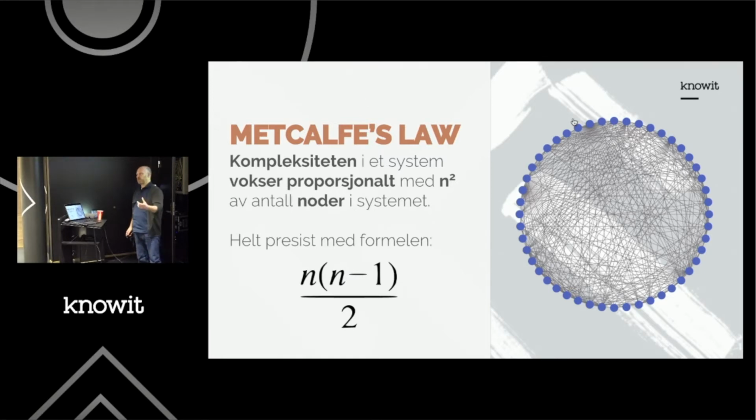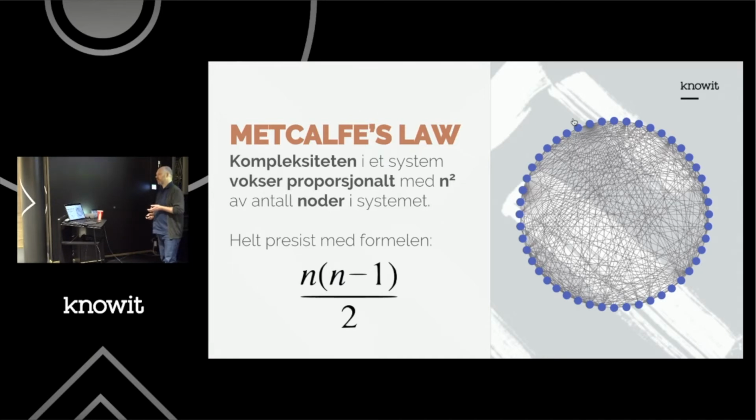So when only a couple of people use the system, it has very low value. But when almost everyone uses a telephone system, it has an immense value. The same law is valid for complexity as well. Complexity within a system increases proportionally with the number of nodes that are interconnected.